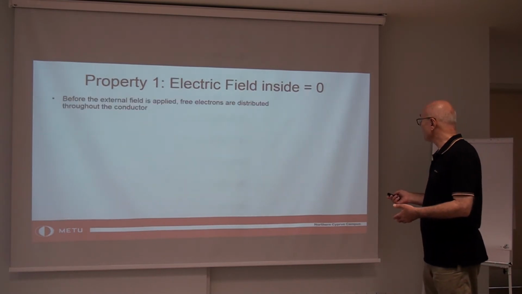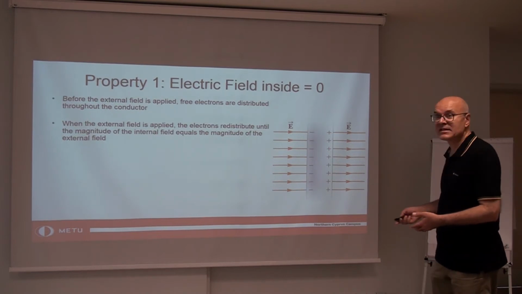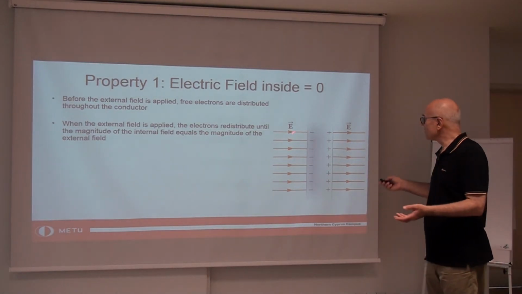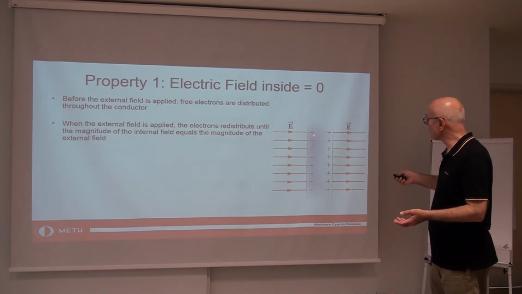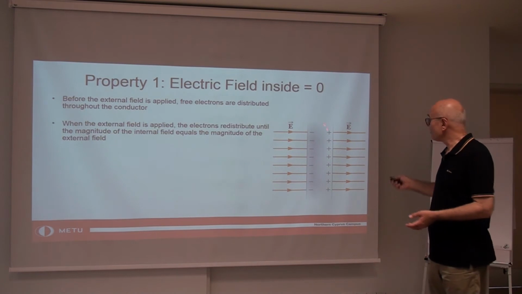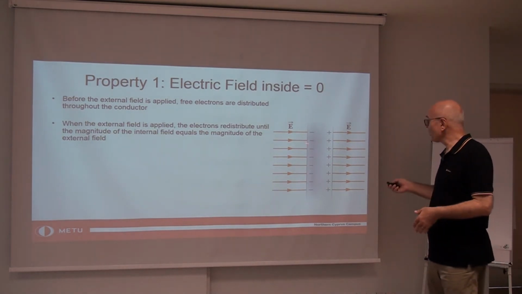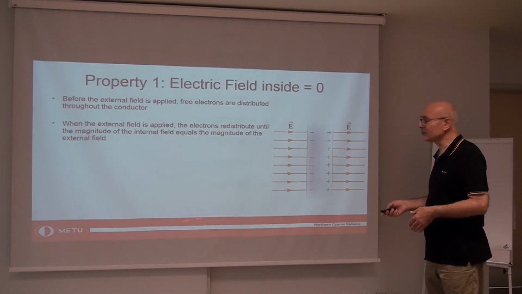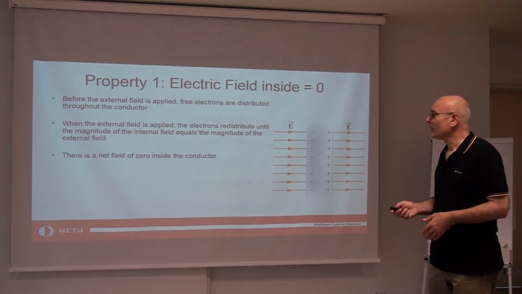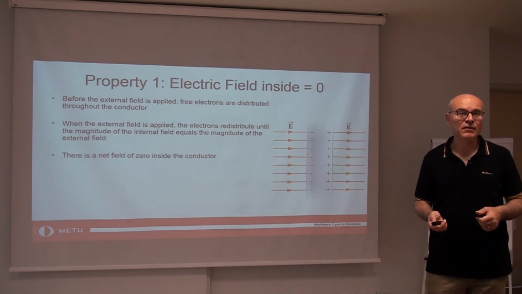Now with the new setup, with the polarization, this electric field is cancelled. This means we have an induced charge, so there is actually a charge density on the conductor. The whole conductor is still neutral, but there is a polarization and we have an induced charge here. So this is why we have a net zero inside the conductor.